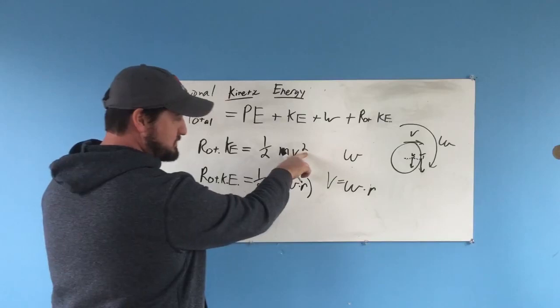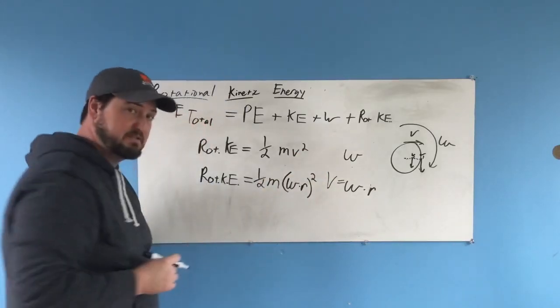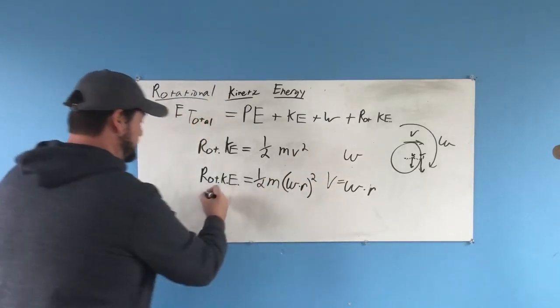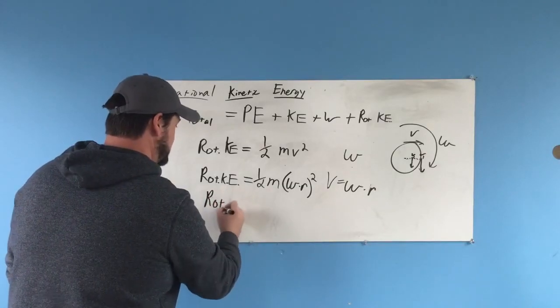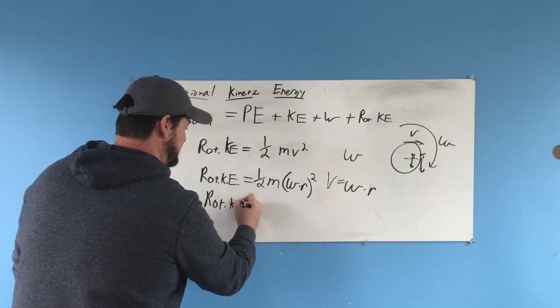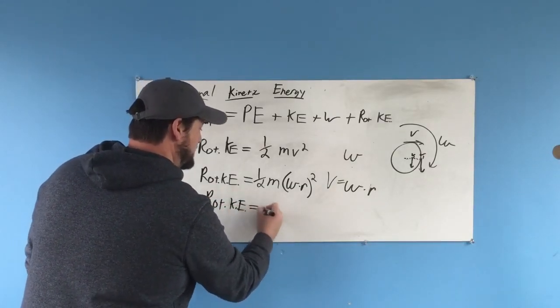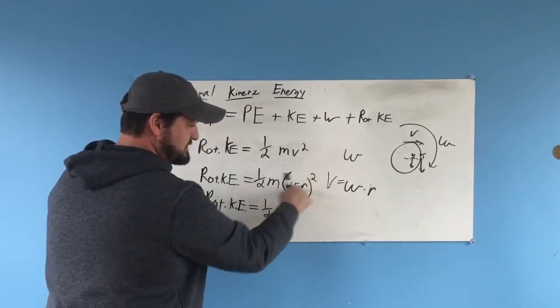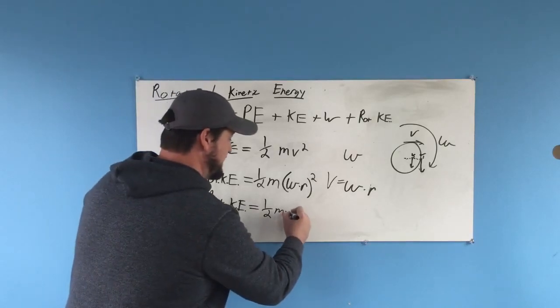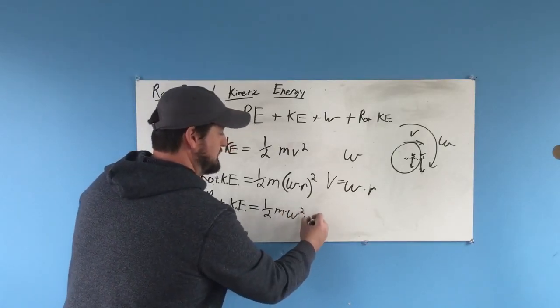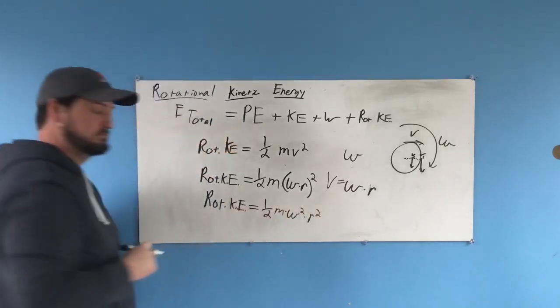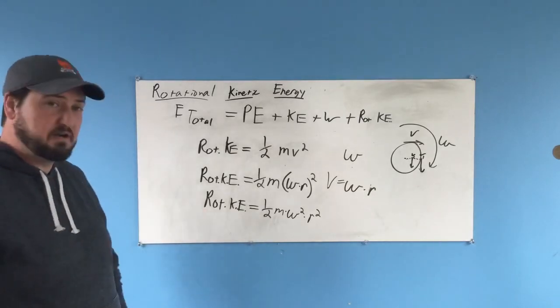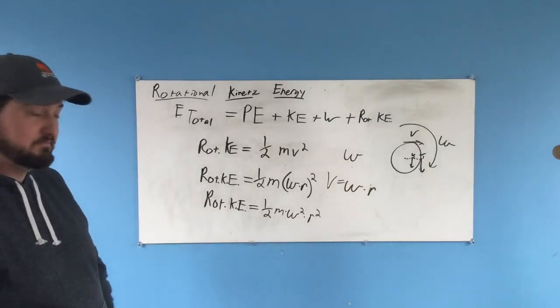But remember, our v was squared, so this whole business also has to be squared. So let me rewrite that, okay? Let's simplify this all down, instead of having a bunch of stuff in parentheses. So we still have 1/2 m, and each thing in there gets squared. So we have times omega squared times r squared, okay? So that right there is your rotational kinetic energy formula.